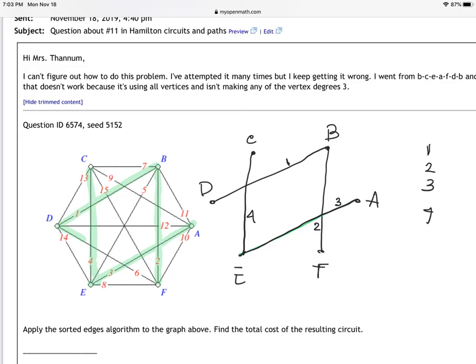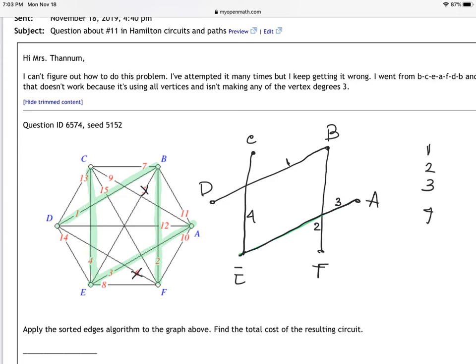No, it doesn't. I'm realizing now that that's going to make a circuit of 3, and that would not include all the vertices there, so I can't do the 6. I'll cross those out. So no 5, no 6.